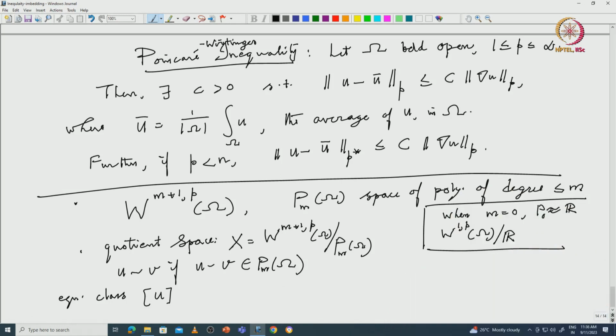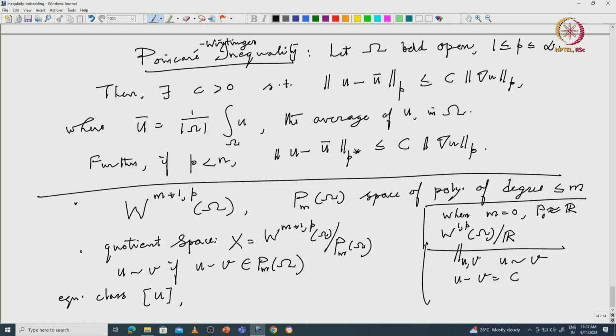Then you can define a norm. You are looking for the best norm possible. In an equivalence class, in this case here, if you take two elements u and v, then u minus v is a constant. That is the equivalence relation here. Among those you are looking for the best norm, the infimum. So you look at all the norms in that equivalence class and take the best one.